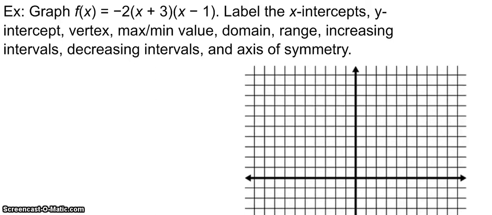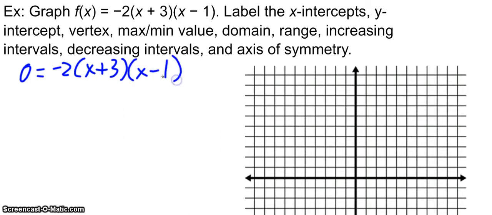Good question. Let's actually start with the x-intercepts, because those are going to be the easiest thing to find, based on the form that we have. So if I set the function equal to 0, that's how we find x-intercepts. Now, if I set each factor to 0, the -2 is going to go away, because 0 equals -2 is not true.